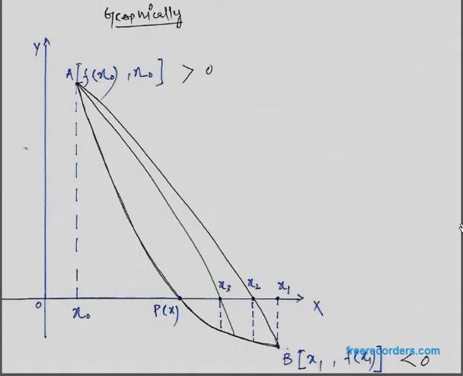Here we choose 2 points, x0 and x1, such that f of x0 and f of x1 are of opposite sign. The graph y is equal to f of x crosses the x-axis between the points. This indicates that a root lies between x0 and x1.